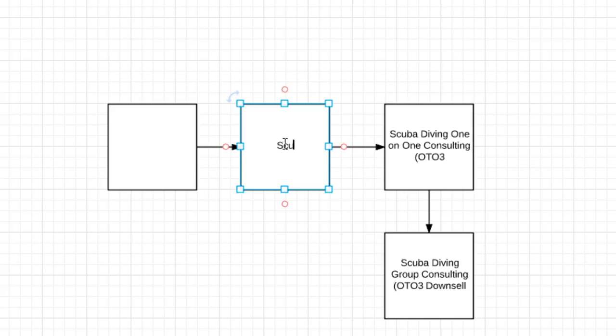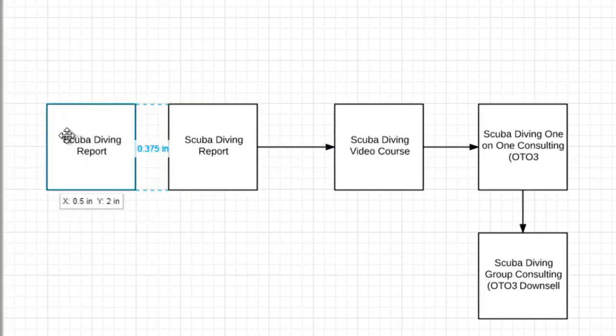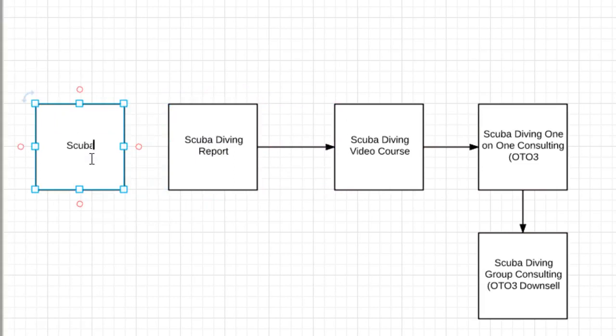That could be a scuba diving video course. Then if we take a snippet of the course over here, this could be a scuba diving report. And then we can move back over here, and this could be something like a scuba diving checklist, like a diagnostic test or something.